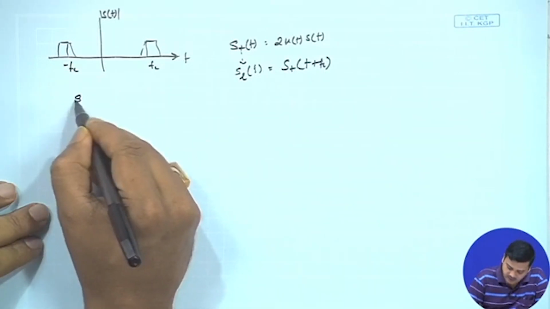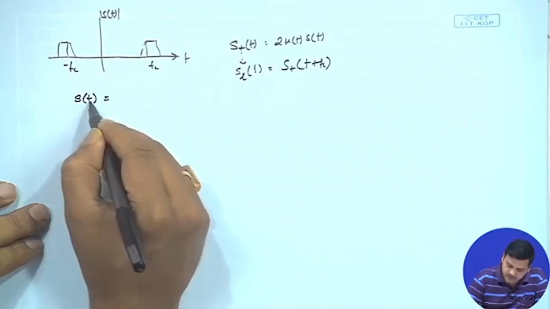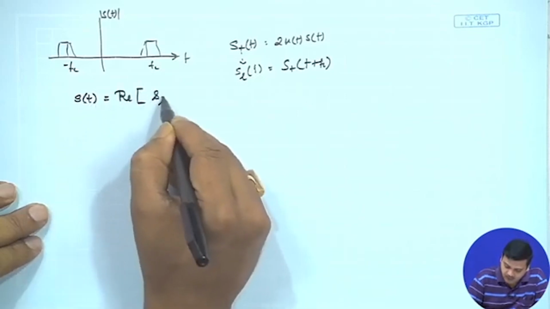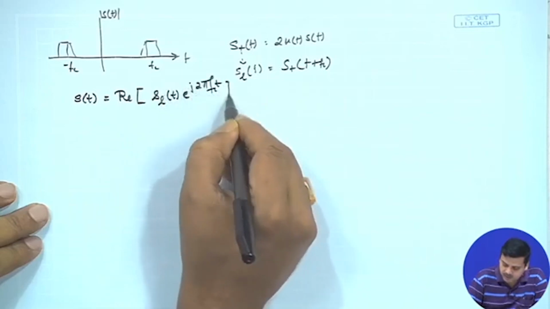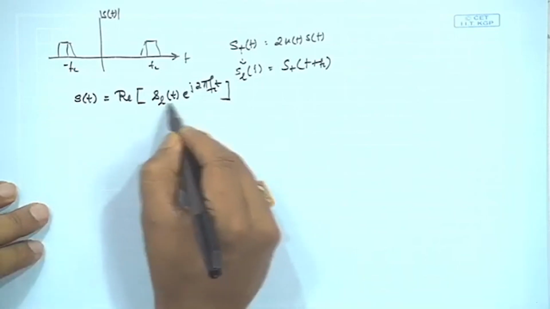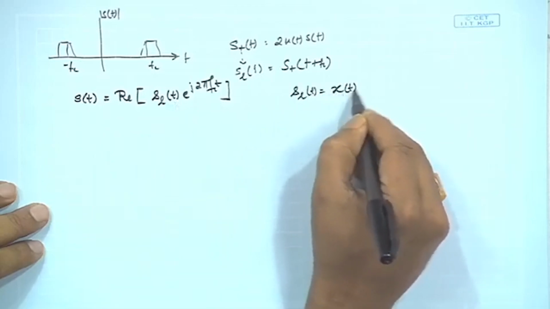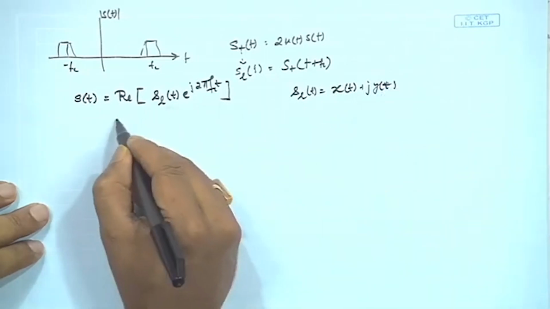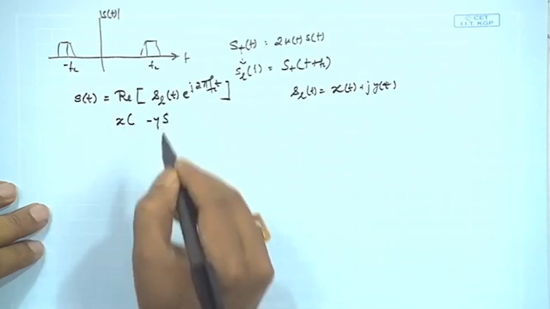In summary, what we had established is that s of t, that is the real signal in passband, could be represented by the real part of s_L of t e to the power of j 2 pi f_c t. This was one of the forms. Naturally, if you write s_L of t equals x of t plus j y of t, then one would get x cos minus y sin.